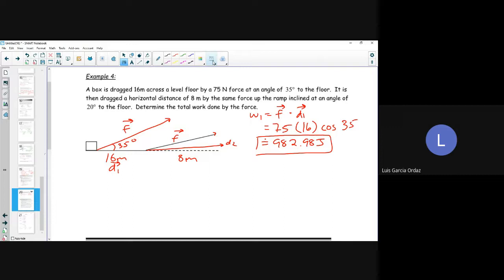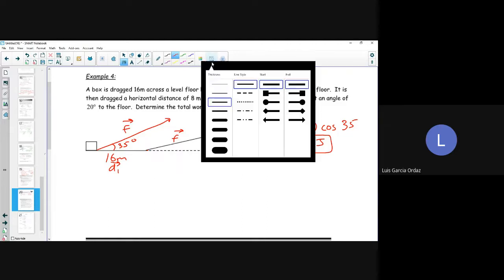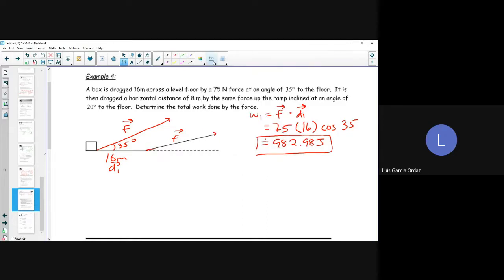The ramp was inclined at an angle of 20 degrees. I drew this a bit exaggerated, so let me fix this. This angle right here is going to be 20 degrees. This is my horizontal distance along the floor, which means I need to figure out the distance I traveled on the second step.